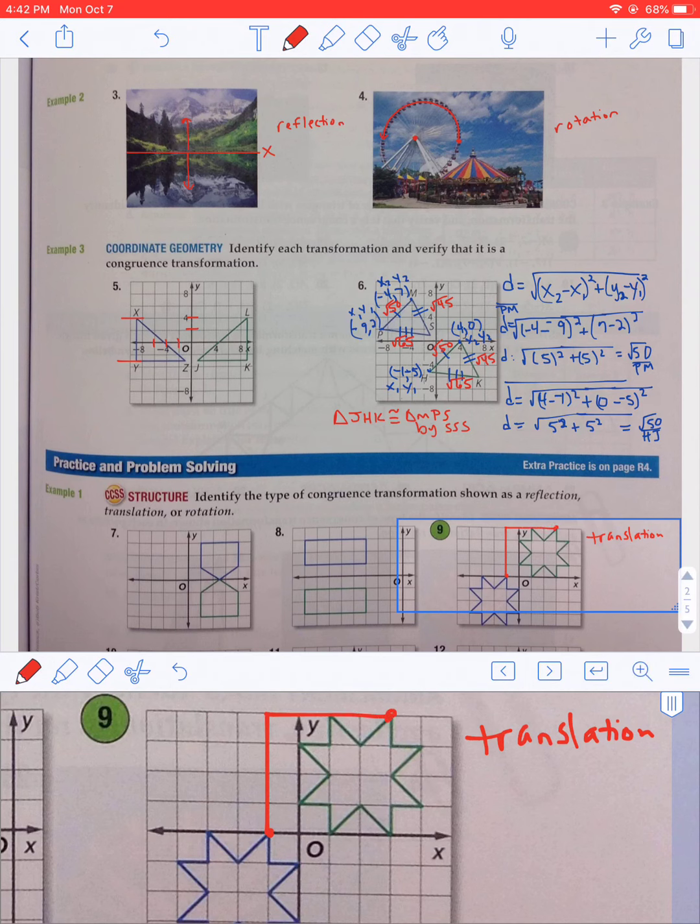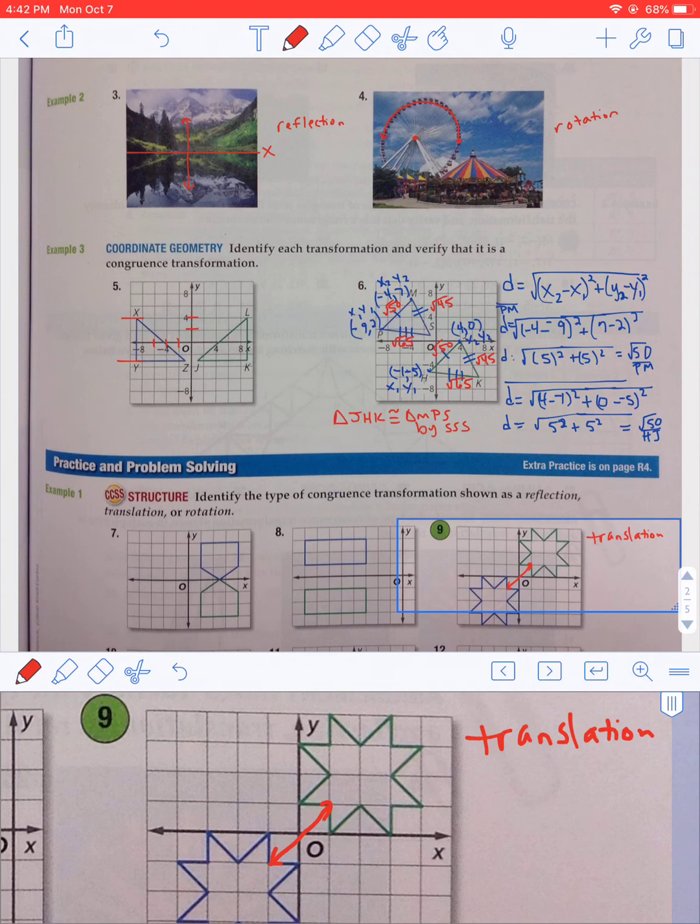So every one of these tips of the star, you could say that happened, okay? So now let's see if you thought reflection, okay? If you thought reflection, that could be equally correct, because it's a different way of looking at it. We've not really looked at it from diagonal, like over the origin, but there is a reflection line.